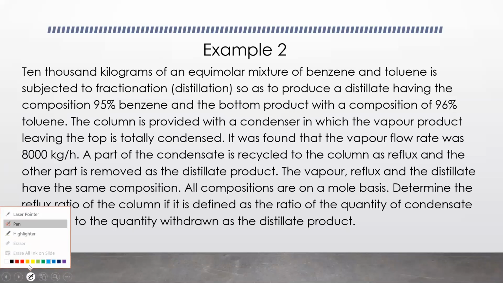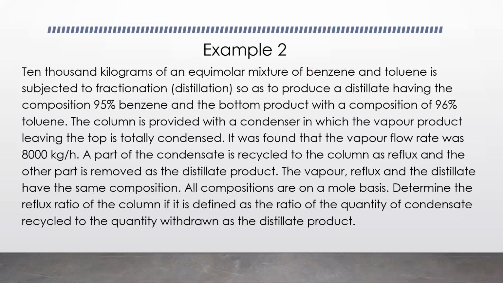We have 10,000 kg of an equimolar mixture of benzene and toluene subjected to fractional distillation so as to produce a distillate having the composition 95% benzene and a bottom product with a composition of 96% toluene. The column is provided with a condenser in which the vapor product leaving the top is totally condensed.